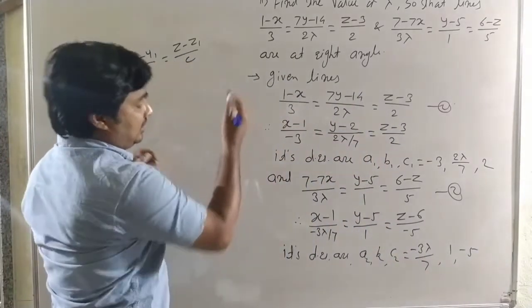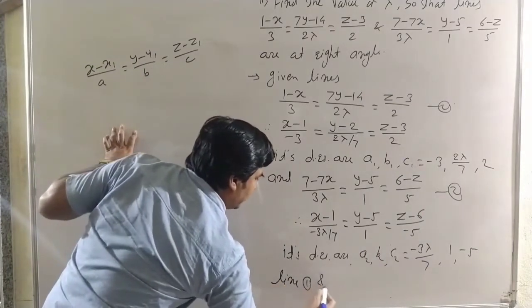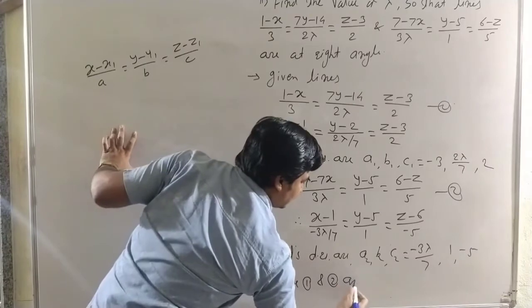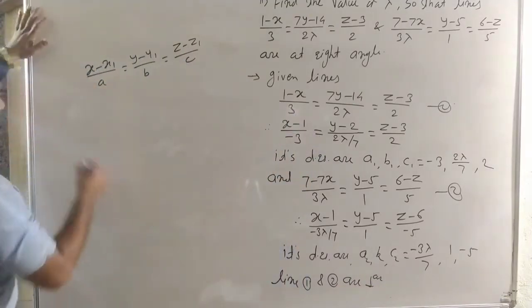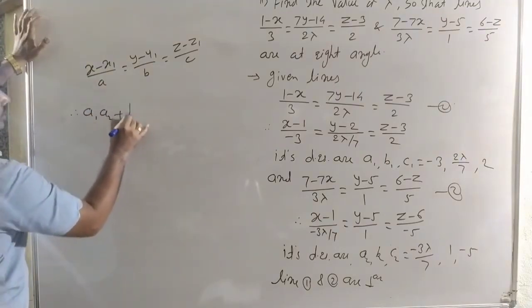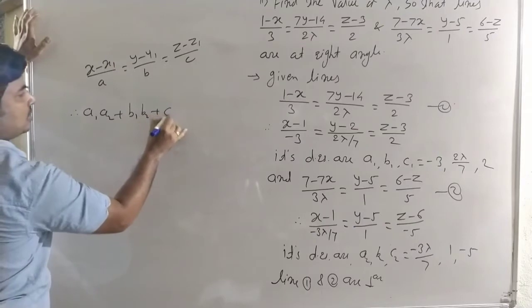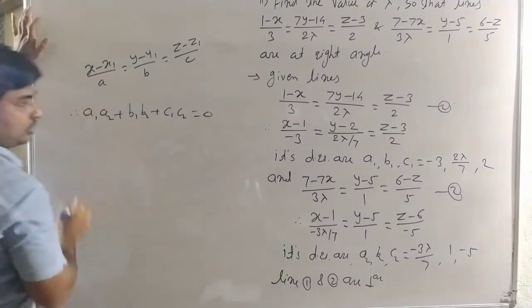And we know that it is given that lines 1 and 2 are perpendicular. Therefore we can write a1 a2 plus b1 b2 plus c1 c2 is equal to 0, where a1 b1 c1 and a2 b2 c2 are the direction ratios.